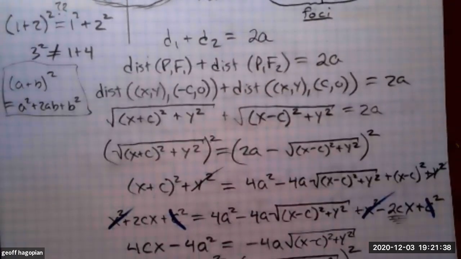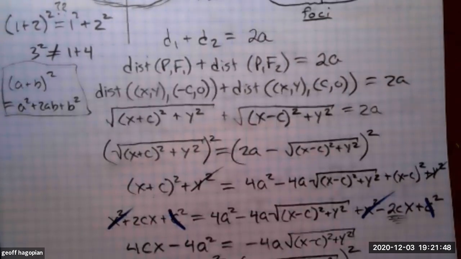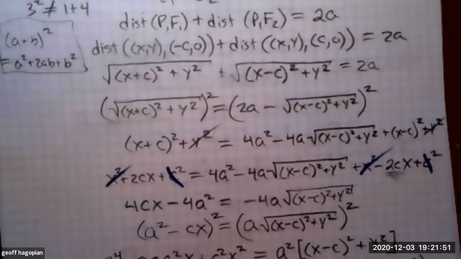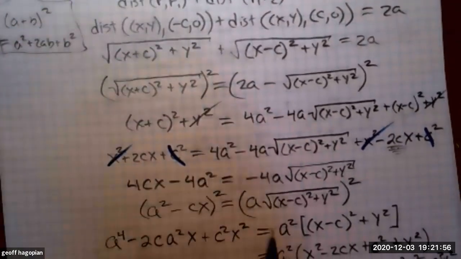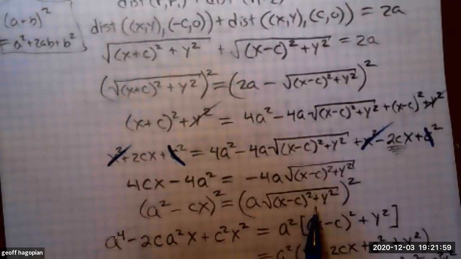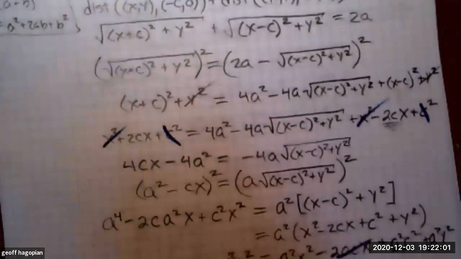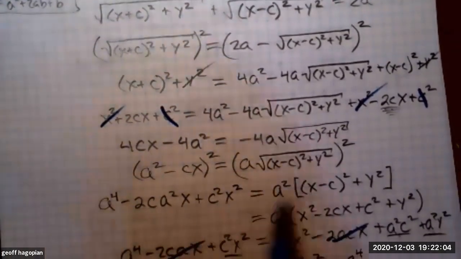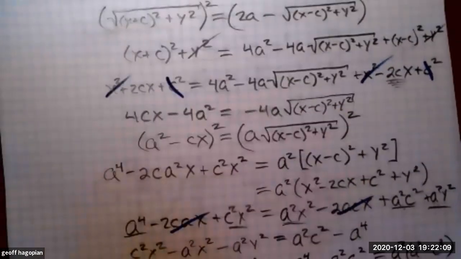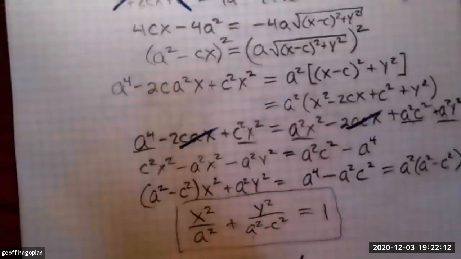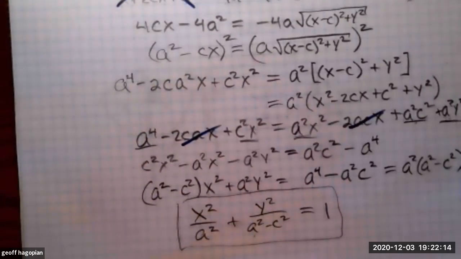And you isolate one of the radicals using the subtraction property of equality, subtract one of the radicals from both sides, and you've isolated one of the radicals. Then you can say if these numbers are equal, then their squares are equal. And we get a bunch of terms that cancel out. We're down from two radicals to one radical. We isolate the remaining radical and say if these things are equal, then their squares are equal. And we get then an equation with no radicals. And after the dust clears, it turns out that equation is equivalent to this equation in the box.